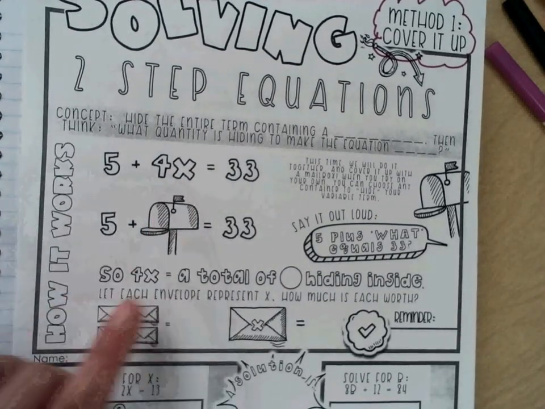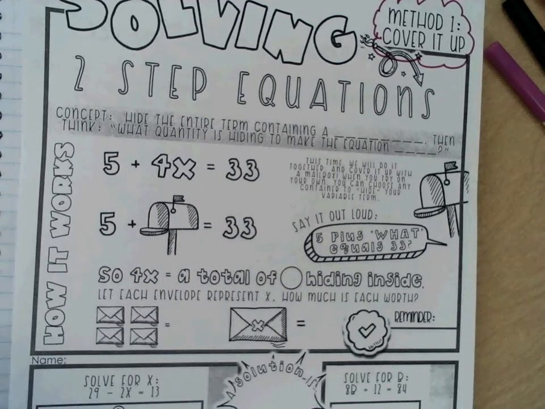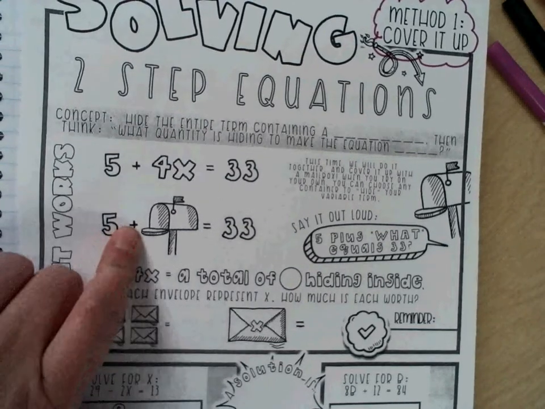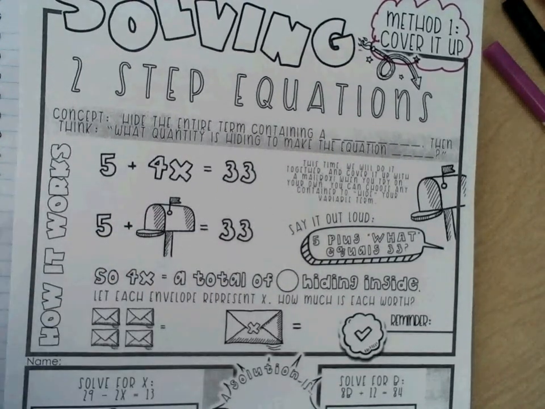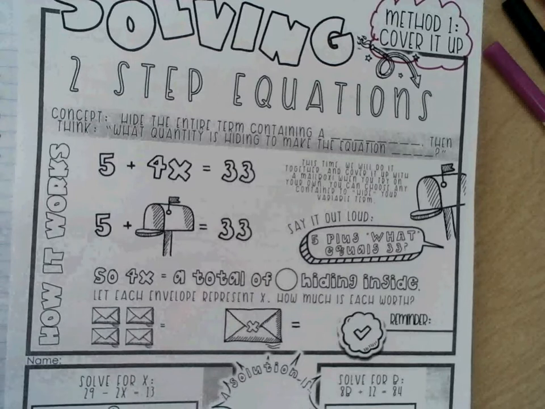So what do I have to do? Well, I still have to do the same thing. So 5 plus what's going to give me 33? So I asked myself, okay, I work backwards. I go the other way. So I have to take 5 away from this side, take 5 away from this side, and I get 28.